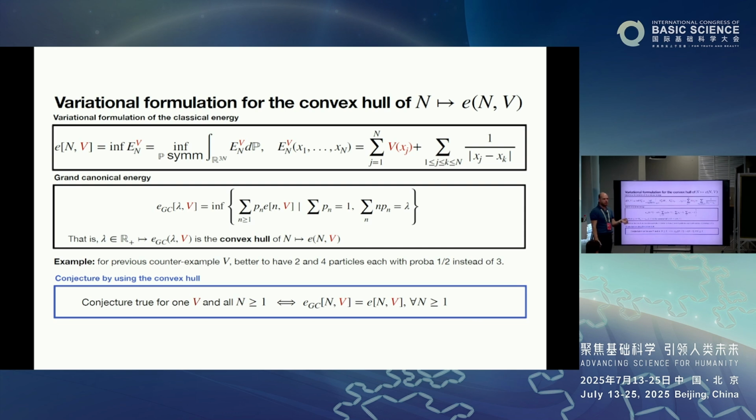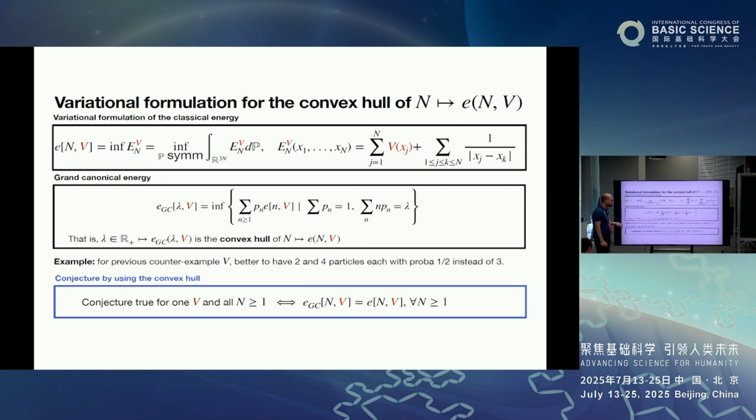So you see that if I want to disprove my conjecture, I just have to show a case where these two energies are not equal, because I'm just using the convexification. But still, it's a little bit difficult because I have to find a very specific potential V. I do not know exactly how to do it, and so I use convex analysis again.